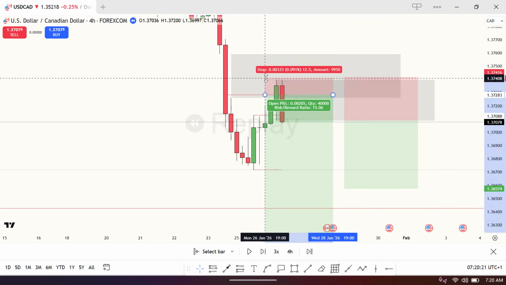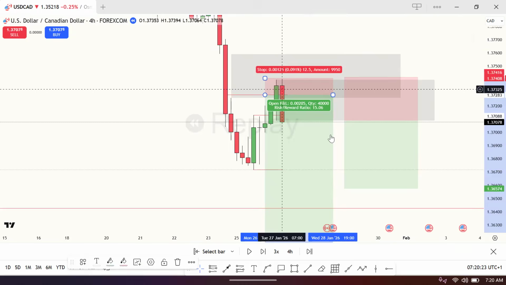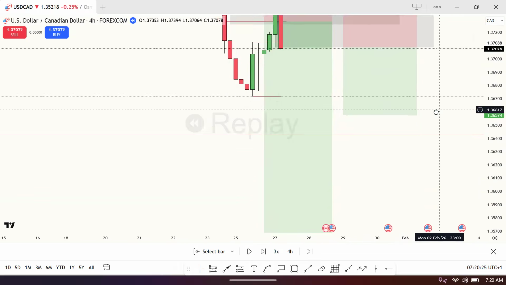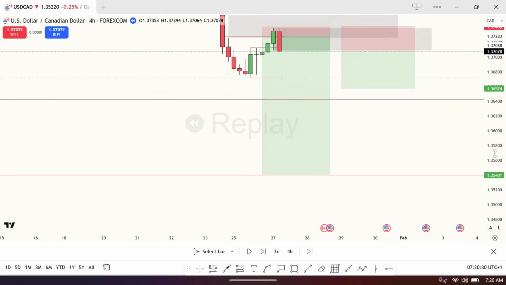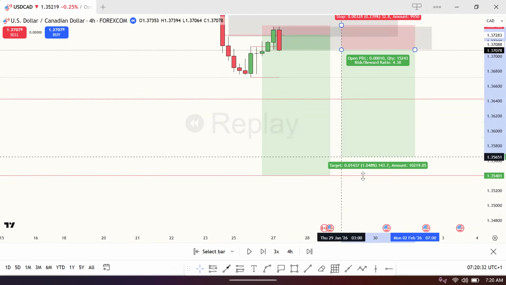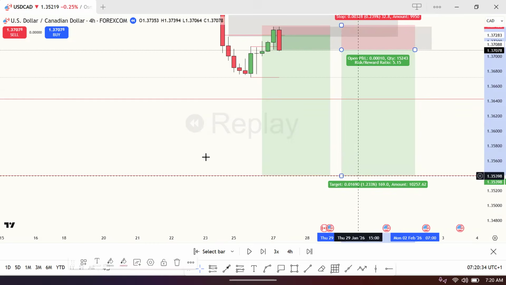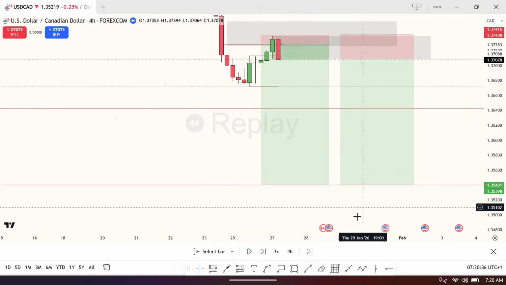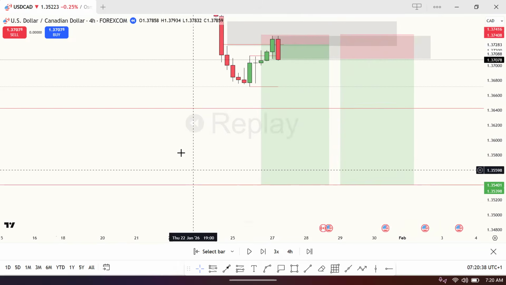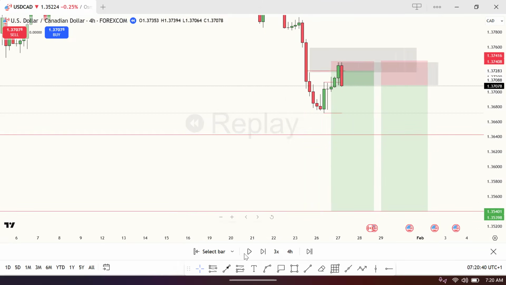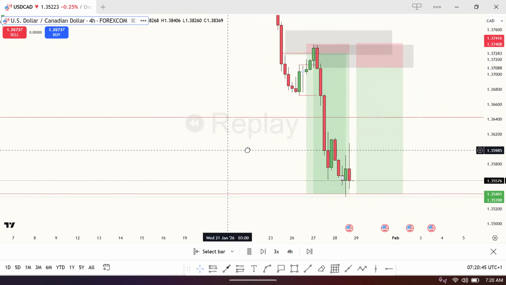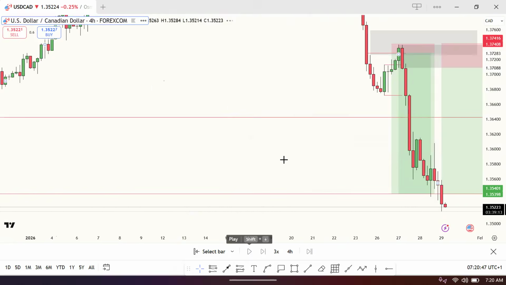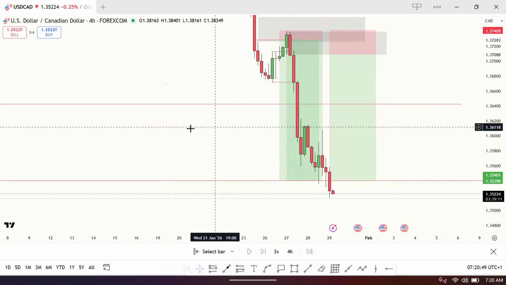So my initial stop loss for the first trade was moved to this high as well. Then final target was the monthly SSL. So this was a 5-hour trade, like I said. And yeah, so price just played out. This took 2 days to play out, to hit the full TP.